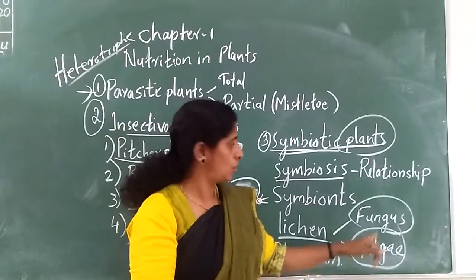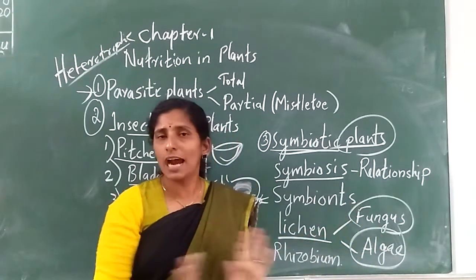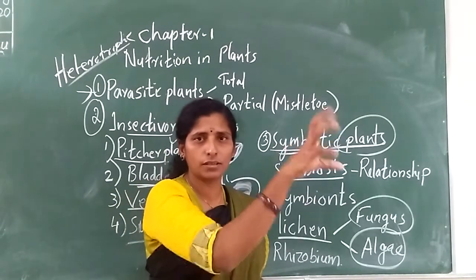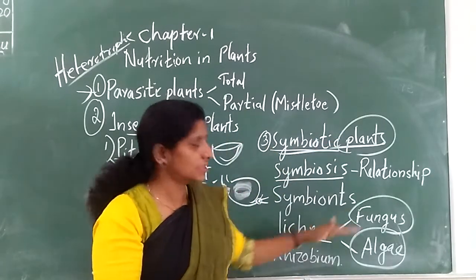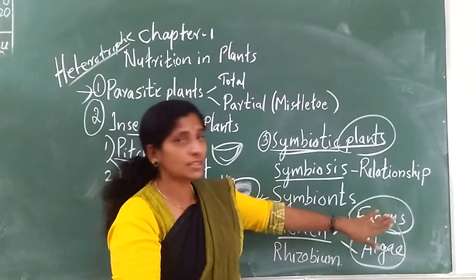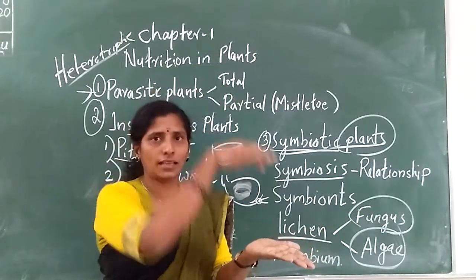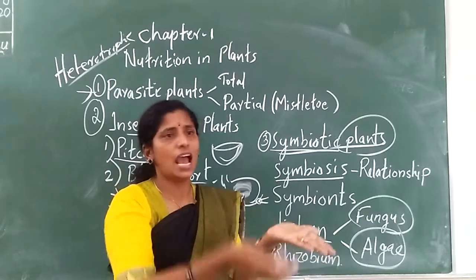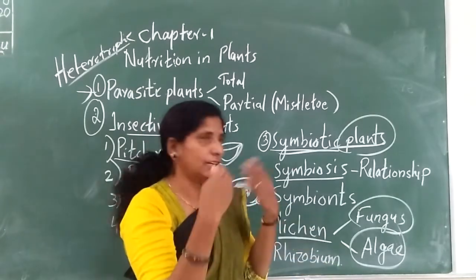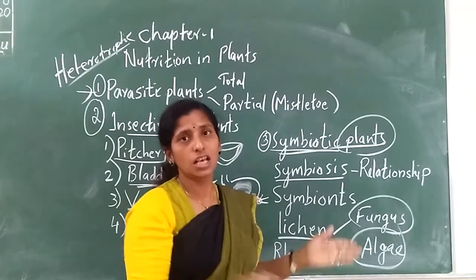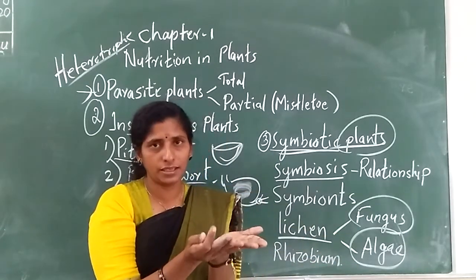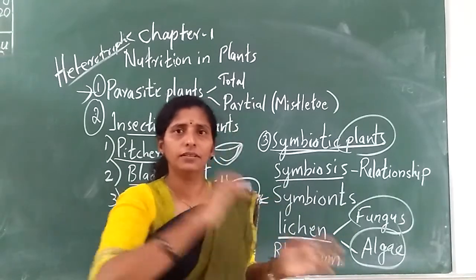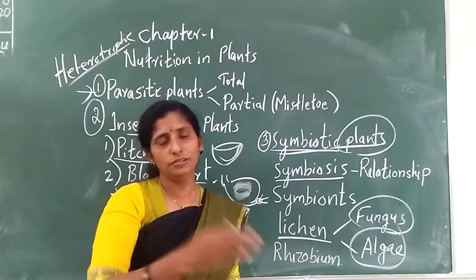But fungus can't prepare food. It is white in color, it wants to take nutrients from others. So in this relation, what happens? The fungus gives a place to stay to the algae, and the algae grow nicely and give all the nutrients to the fungus. So both are getting benefited. Algae need a place to grow, and that place is given by the fungus, and in return the algae give food to the fungus.